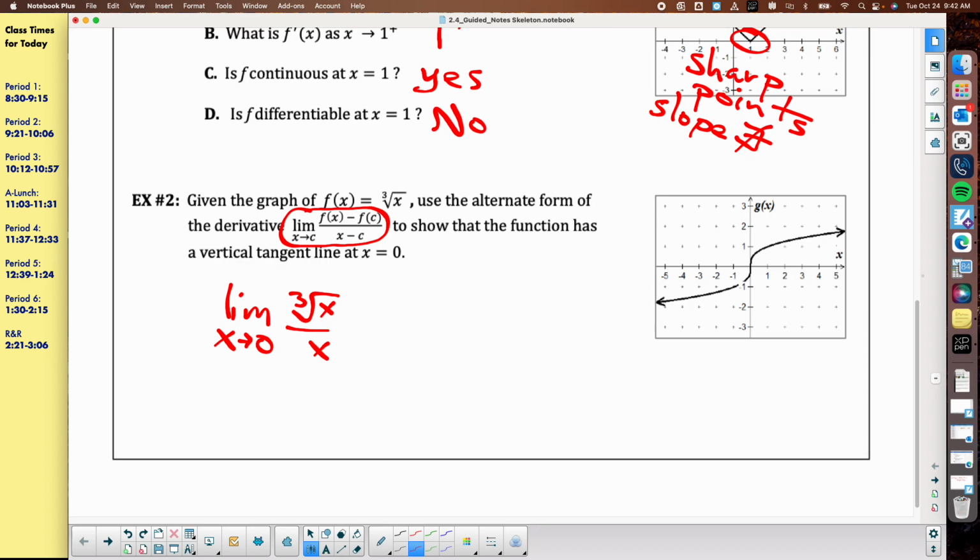Why does this have an undefined slope at 0? That's what we're trying to show. A vertical tangent line means that your slope doesn't exist at 0. Is it because you have to put numbers in to solve, and if x is 0, you can't divide by 0?